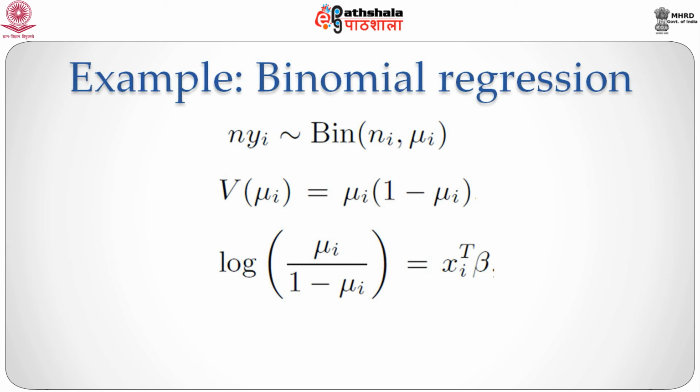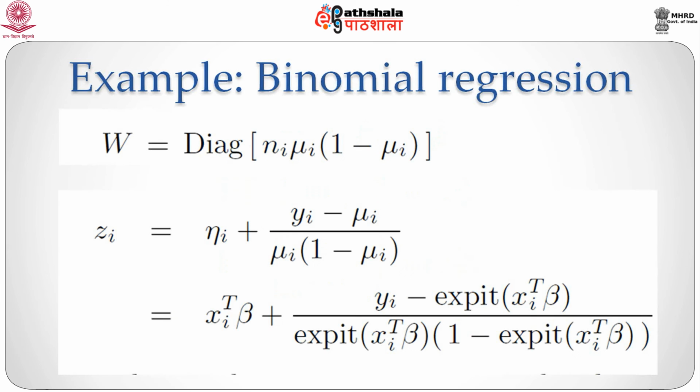Note that d eta d mu_i is given by 1 over mu_i into 1 minus mu_i. The W matrix is thus W equal to diagonal n_i mu_i into 1 minus mu_i. W is in fact the matrix of the variances.